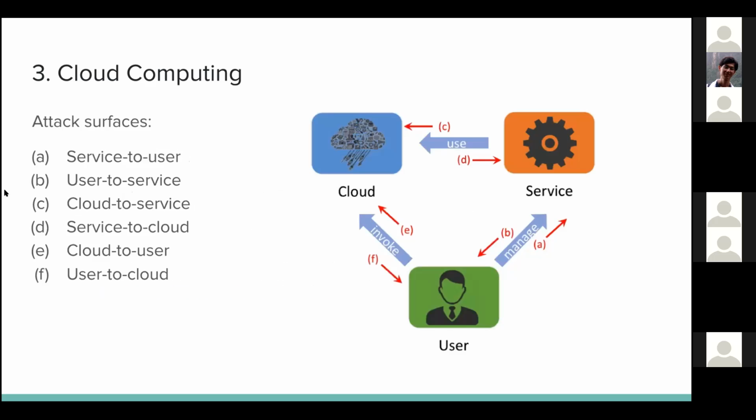Sorry, the list of attack surfaces is over here. I'm actually not sure why these labels were taken from the paper. It says A is service to user, but the direction is this way. My guess is that the user calls the service, and the attack is in the service's response to the user.